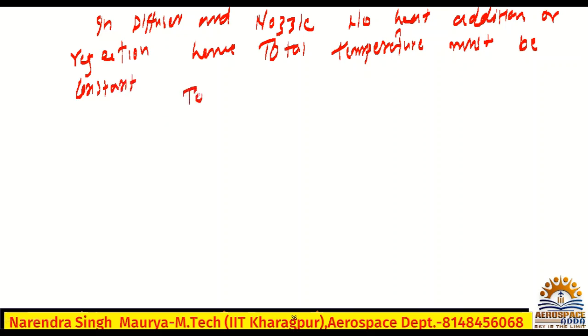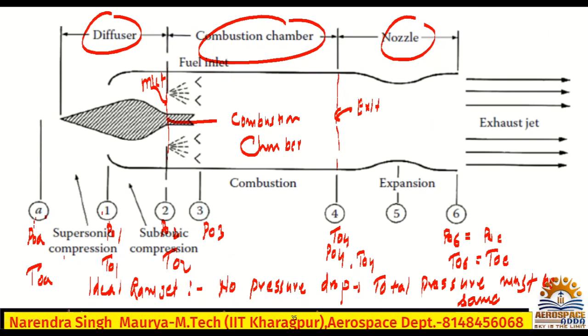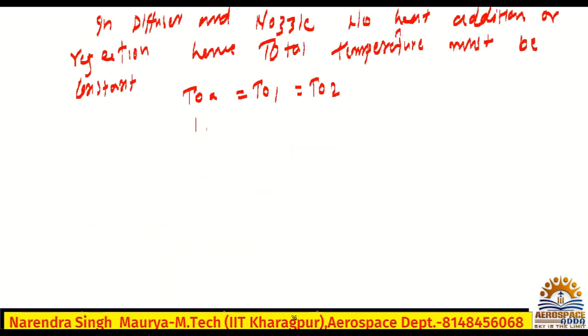So T naught A is equal to T naught 1, which is equal to T naught 2. And in the nozzle, which runs from T naught 4 to T naught 6, T naught 4 is equal to T naught 6, which also equals the exit.